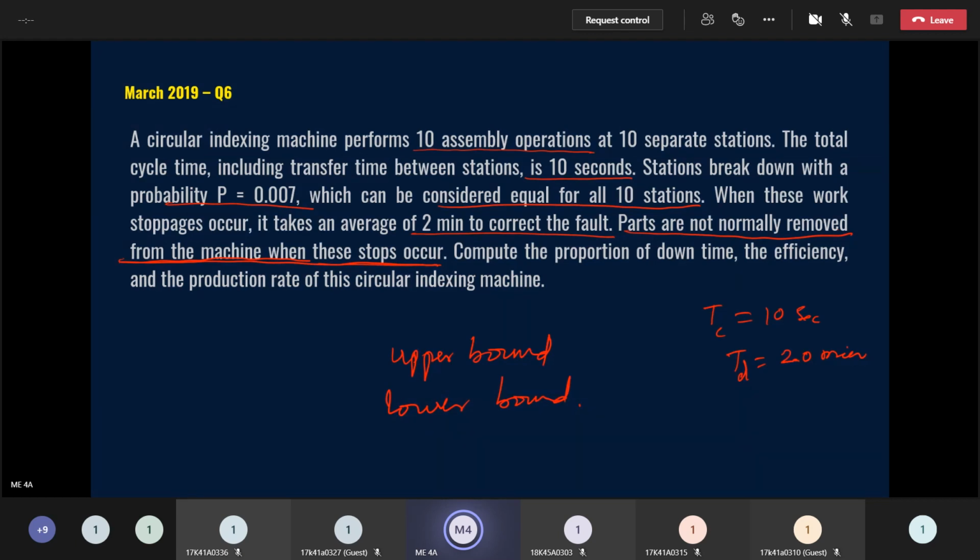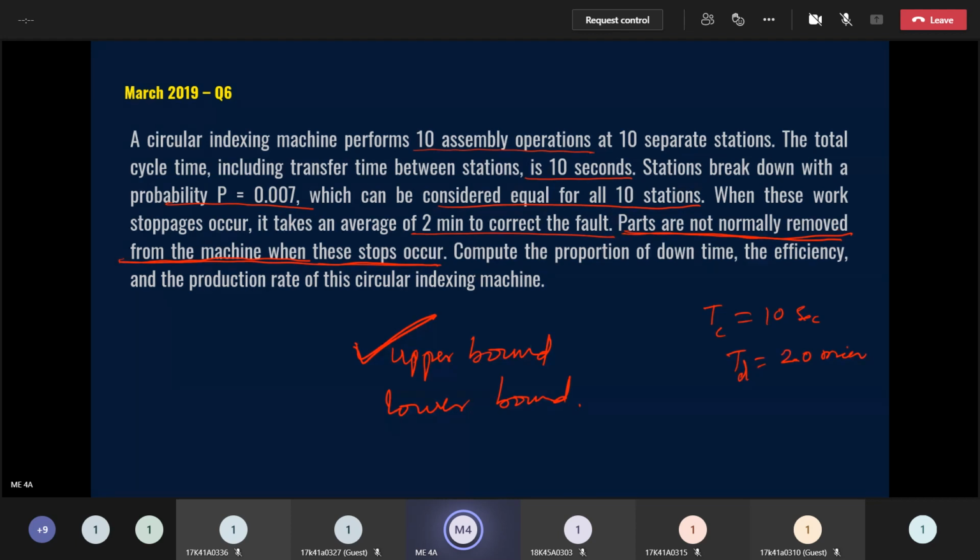After repairing the machine, the part will continue. That approach is called the upper bound approach. But whenever the machine stops, if you remove the part, assuming that it is a defective part, then that is the lower bound approach. So indirectly he's saying it is the upper bound approach. Part is not removed means straight away you can say upper bound approach.